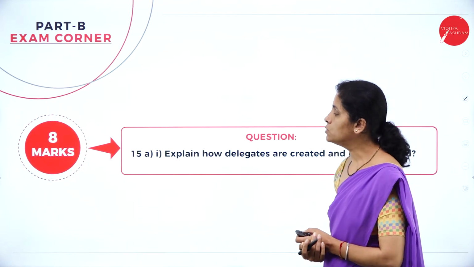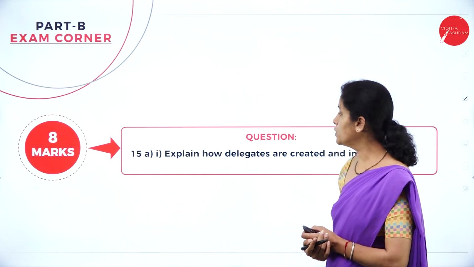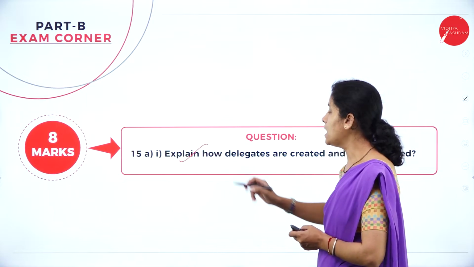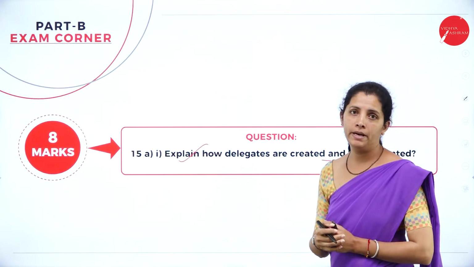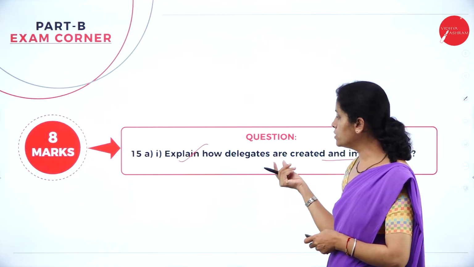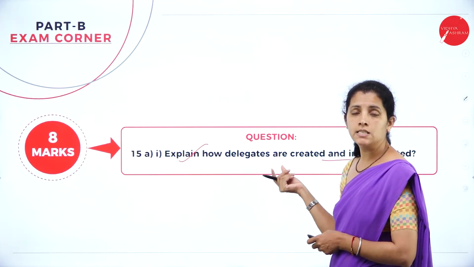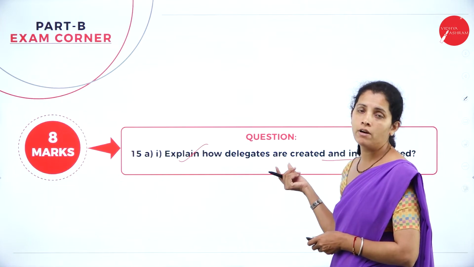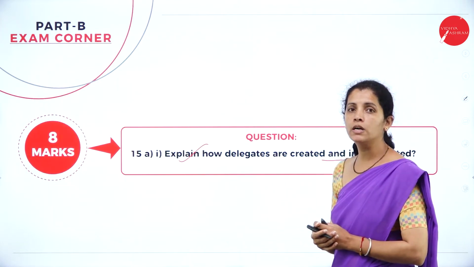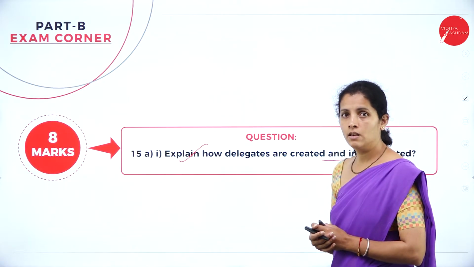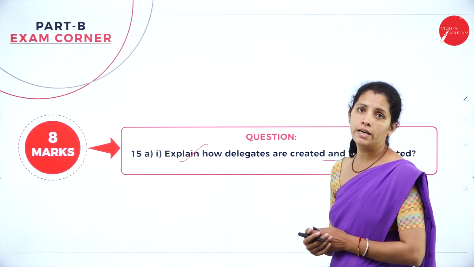Okay, fine. Now dear student, if I consider the 15th question, explain how delegates are created and implemented. So dear student, we discussed the same question in our part A. So what is a delegate? It's mainly used to create a reference. And to whom are we going to create the reference?